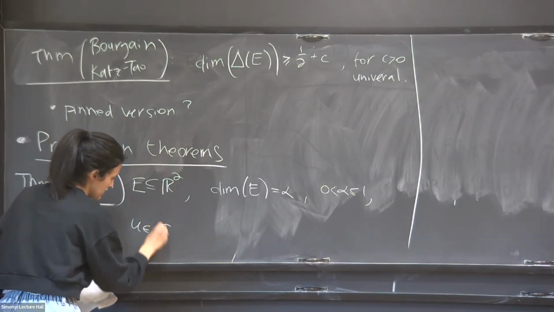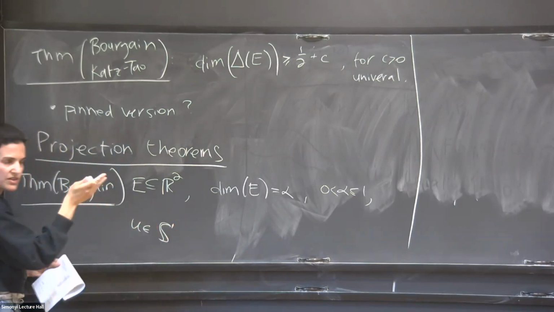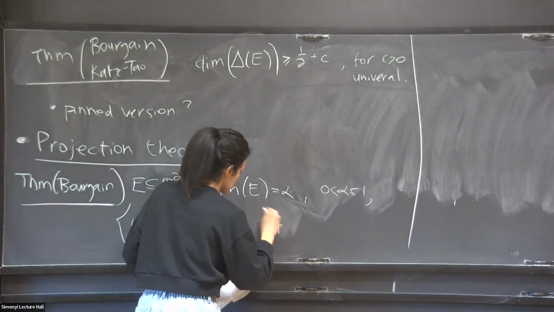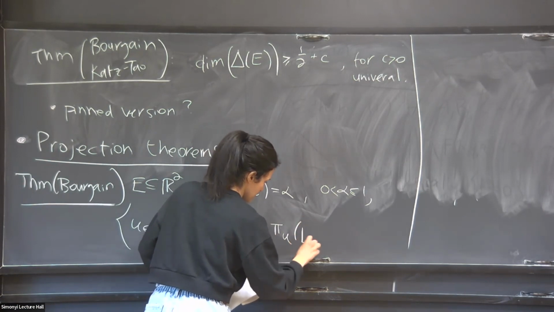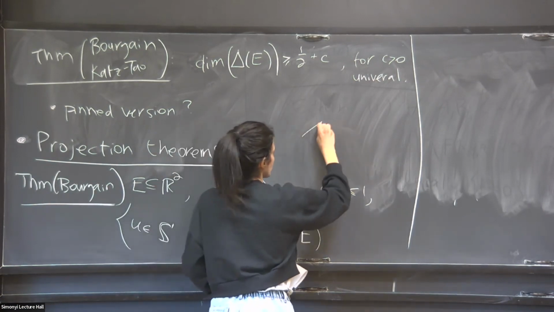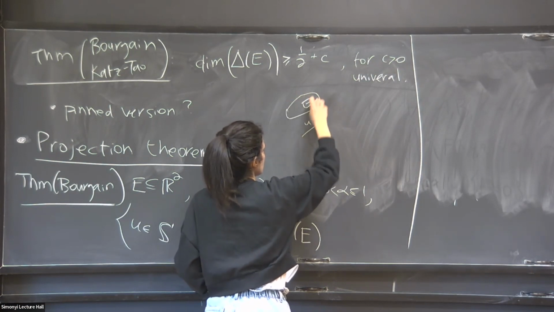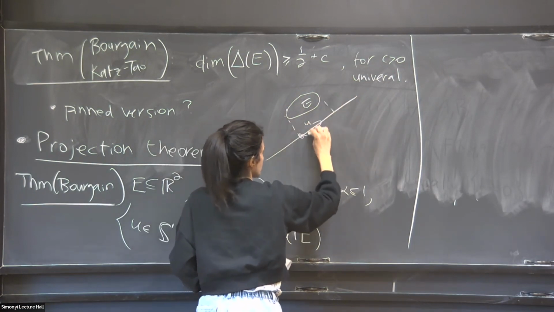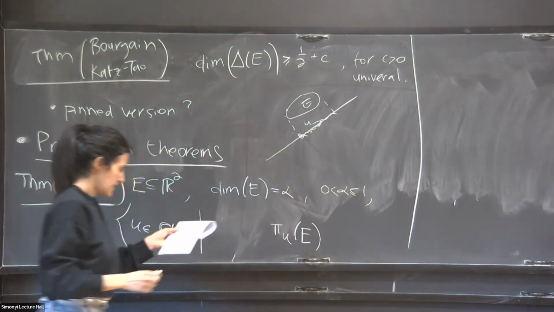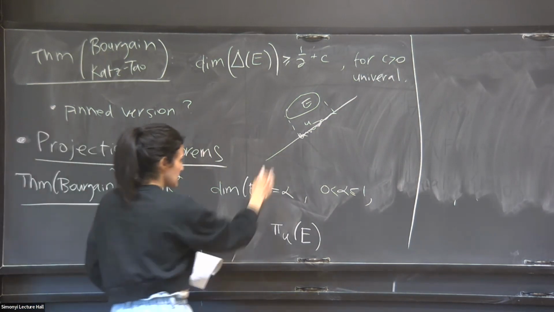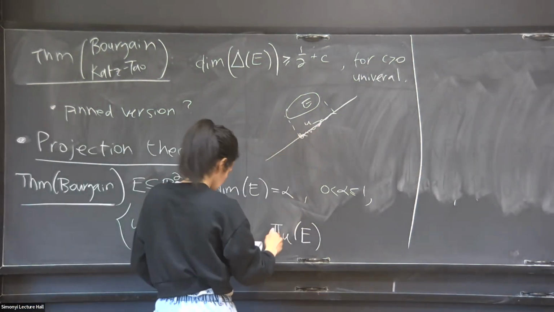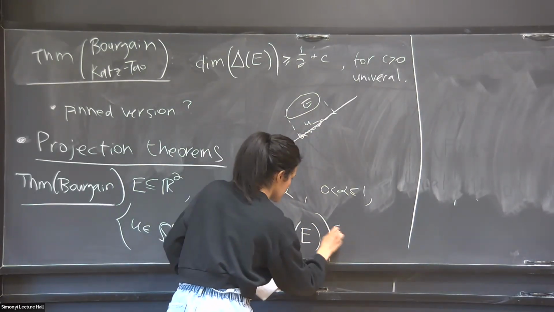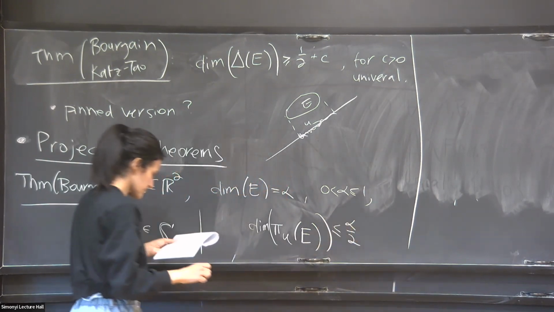We take a vector U on the sphere, so it's a direction, and we consider the projection of the set E onto the line spanned by this direction U. So for some directions, the dimension of the projection of E might be small, at most alpha over 2.